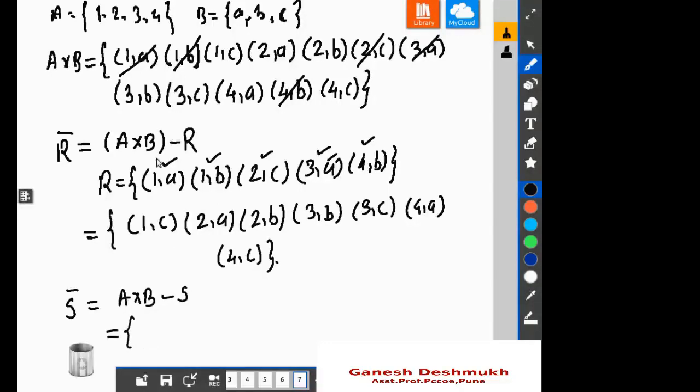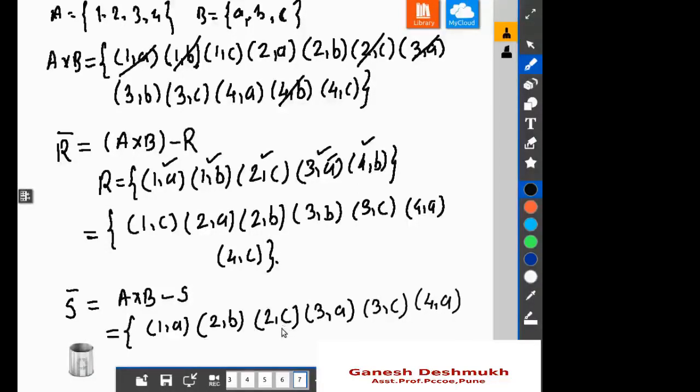If you follow the same way which I did for R complement, you will get S complement as (1, a), (2, b), (2, c), (3, a), (3, c), (4, a) and (4, c).